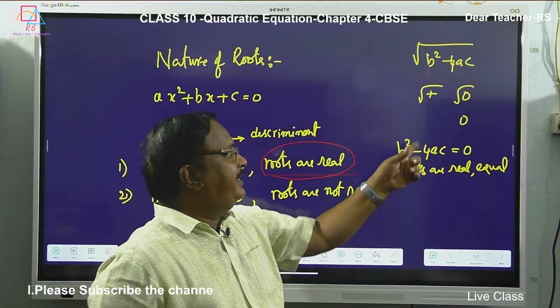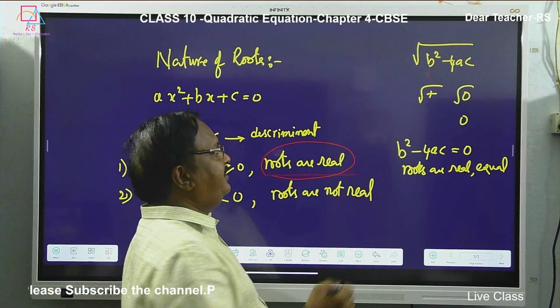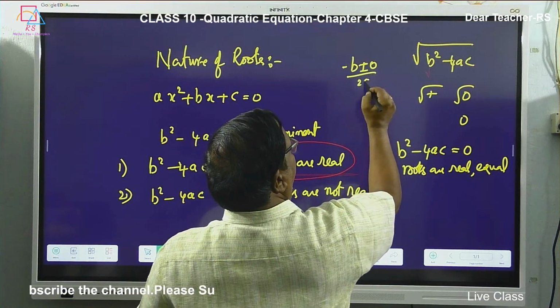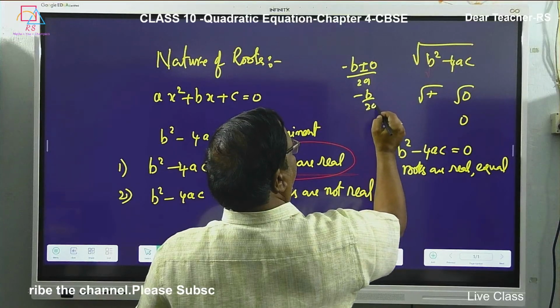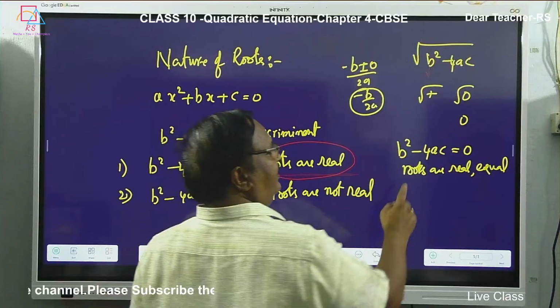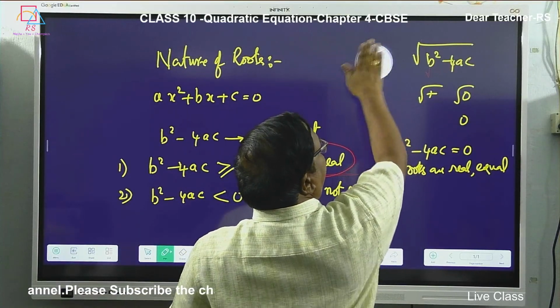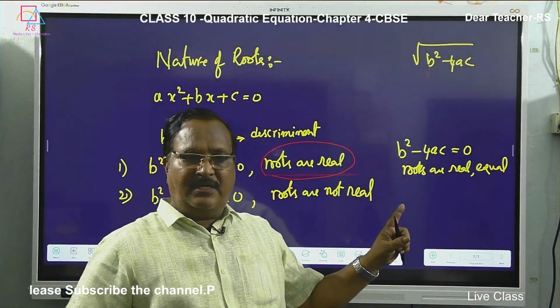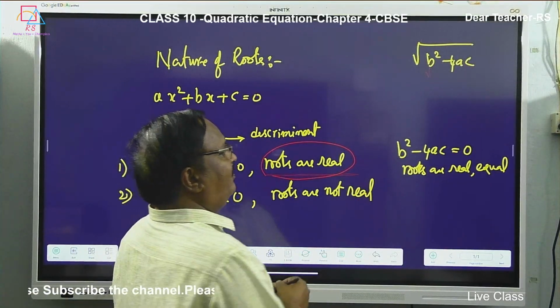If b square minus 4ac is equal to 0, then what happened? Minus b plus or minus 0 by 2a, that means minus b by 2a. Both roots are minus b by 2a. So that's why if b square minus 4ac is 0, then the roots are real and equal.